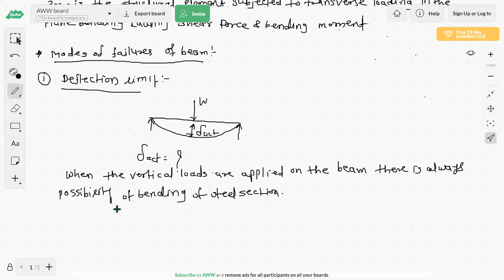And now, in the next point, write down, this is the first point. In the second point, write down the bending of the deflection actually taking place.